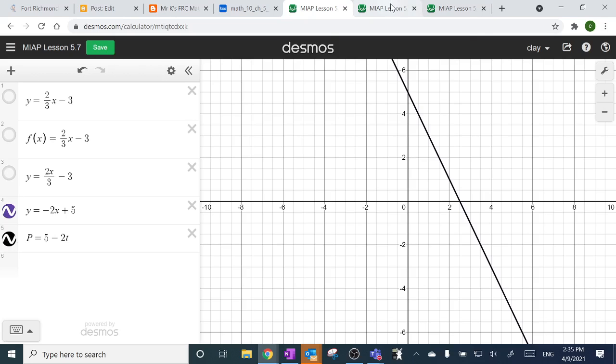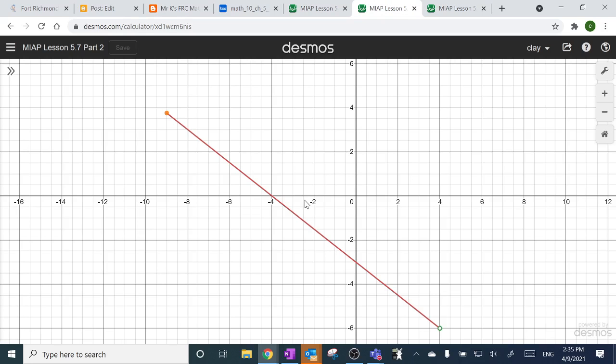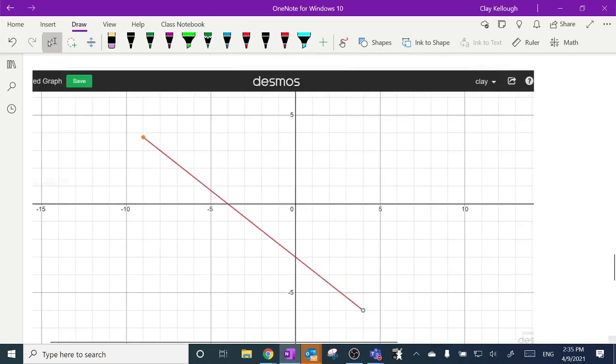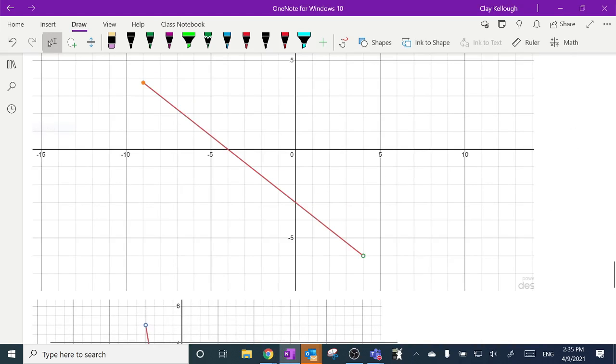What if I gave you this graph? You don't have to draw it, just look at it and tell me, first of all, what equation this line is. What equation would make that line? Here, why don't I look at it on here? There it is. So, give you a sec.